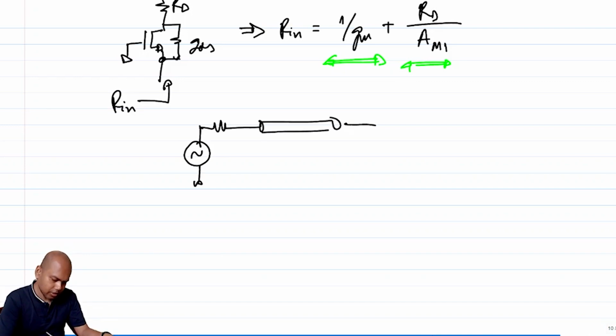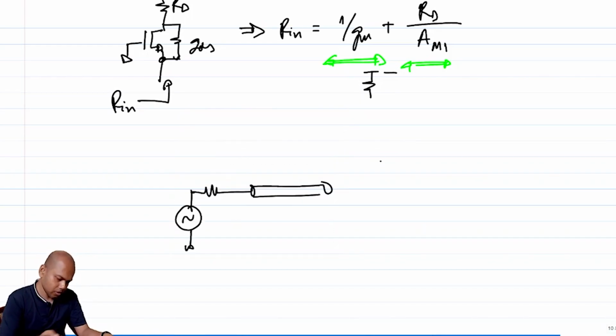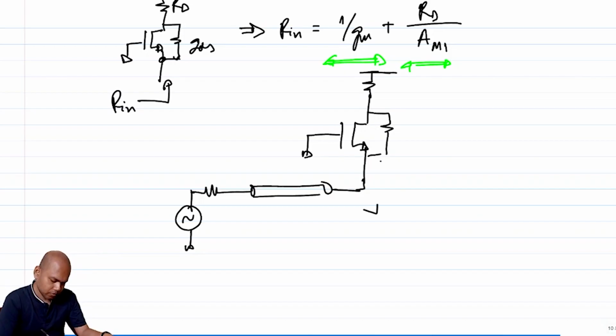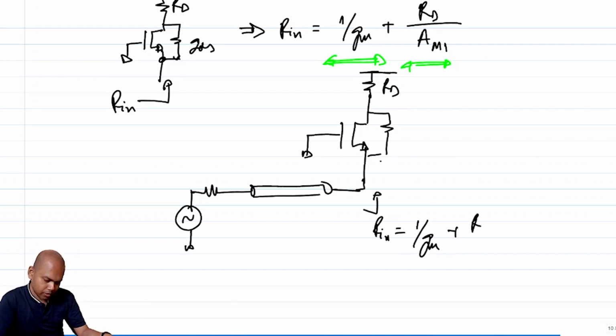Okay, fine. So let's now again revisit. Incrementally, your Rin is 1 over Gm plus Rd by the intrinsic gain of M1, right?